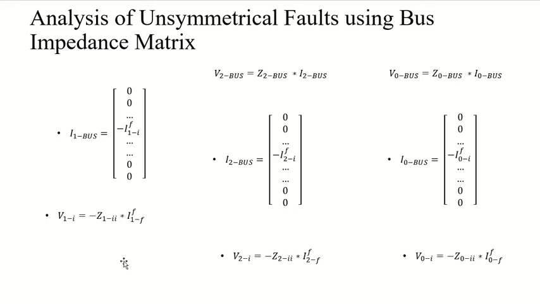All the entries except for the bus where fault has occurred will be 0, and the bus where fault has occurred will be minus I raised to F, 1 minus I. So the positive sequence voltage can be found based on this. We will simply use the formula: V1 minus I will be equal to minus Z1 minus II into I raised to F, sorry, 1 minus I. There cannot be 1 minus F. It will be 1 minus I.